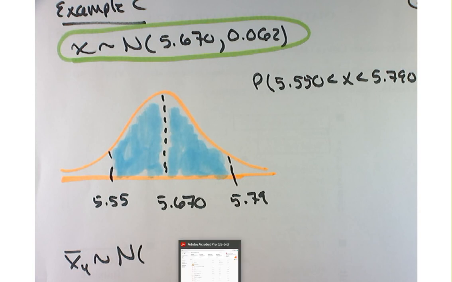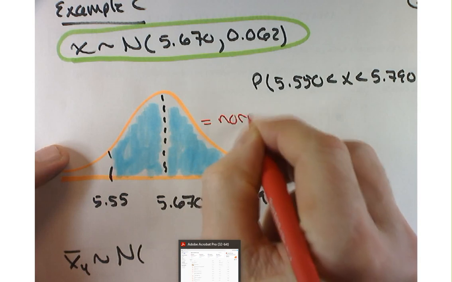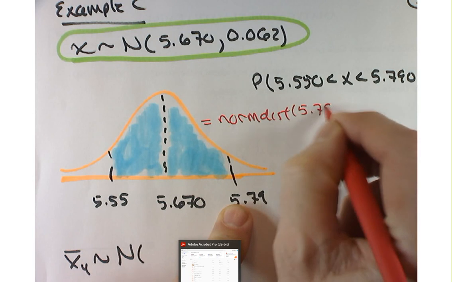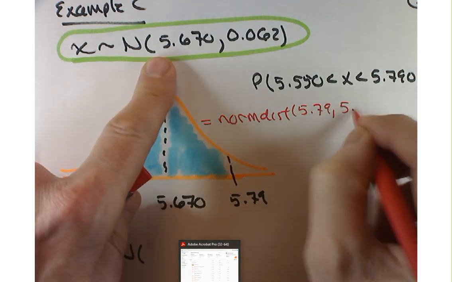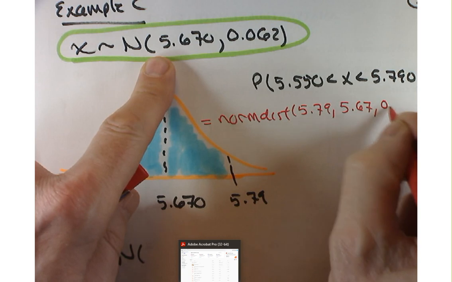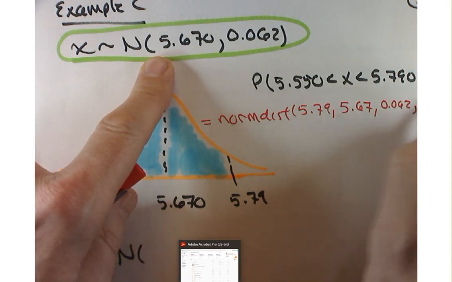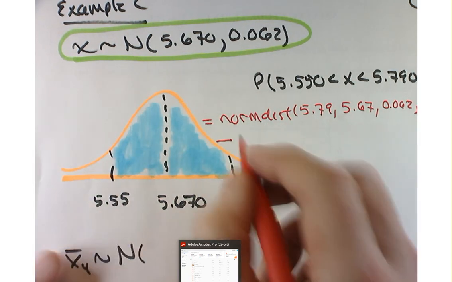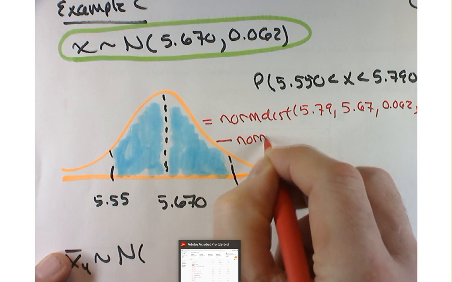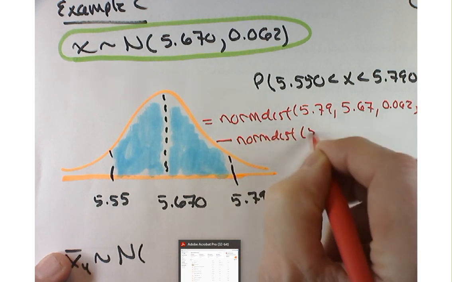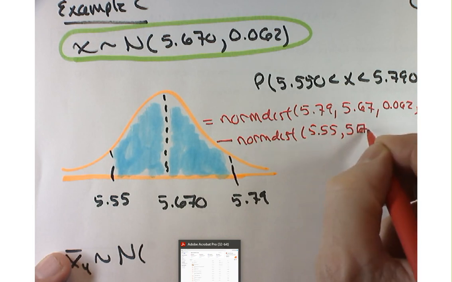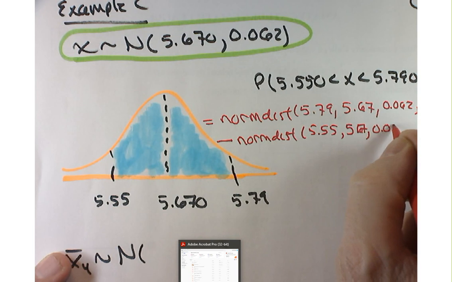It's going to be norm distribution of 5.79, comma 5.67, comma 0.062, comma true, minus the area to the left of this, which is going to be your norm distribution of 5.55, comma 5.67, comma 0.062, comma true again.